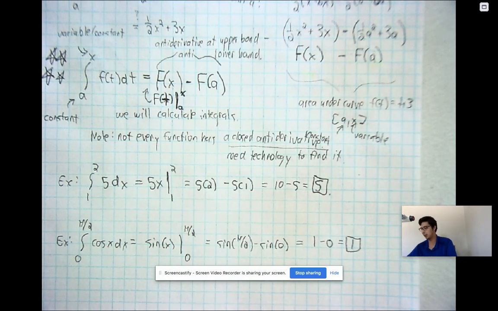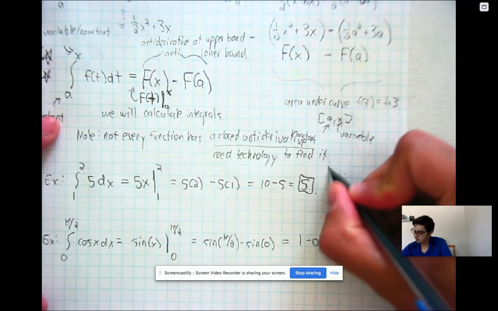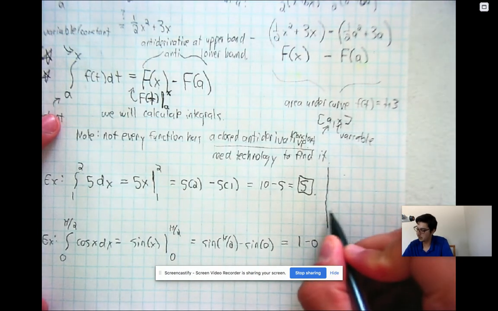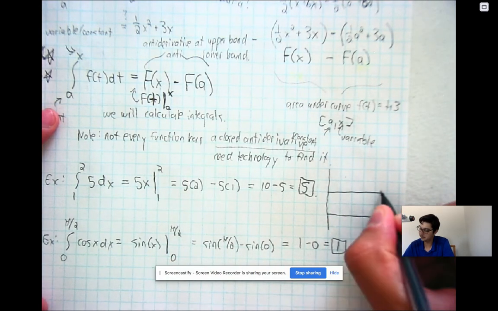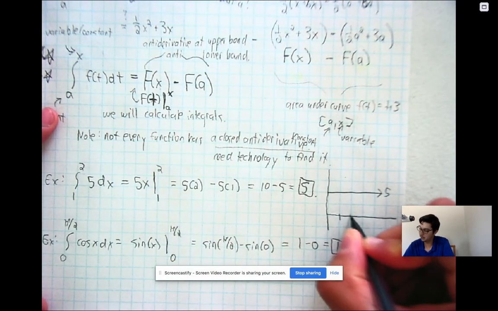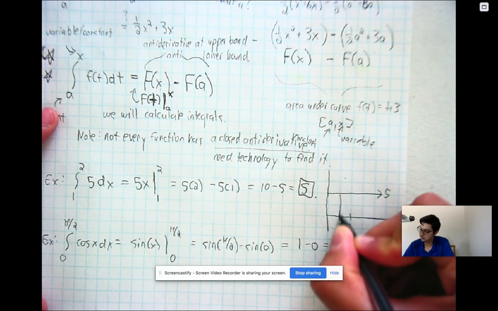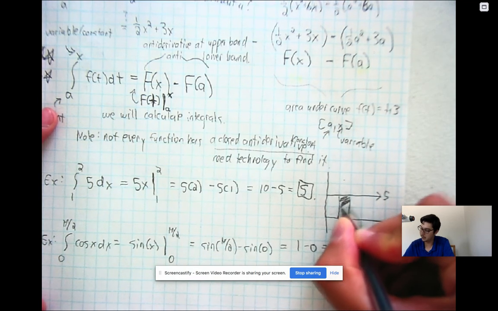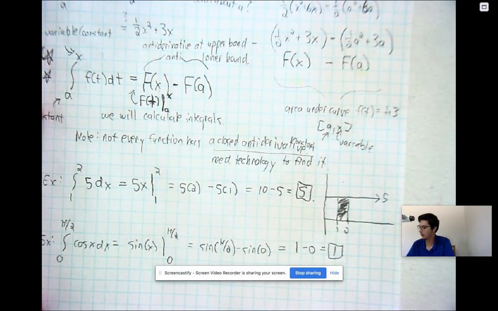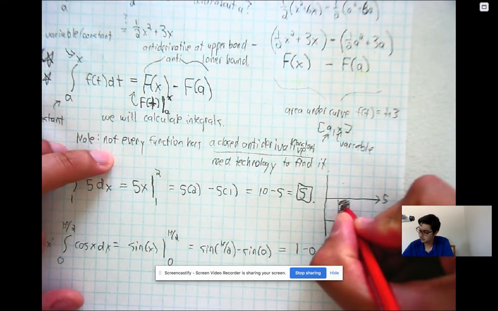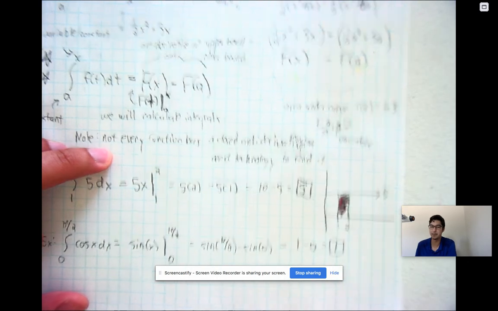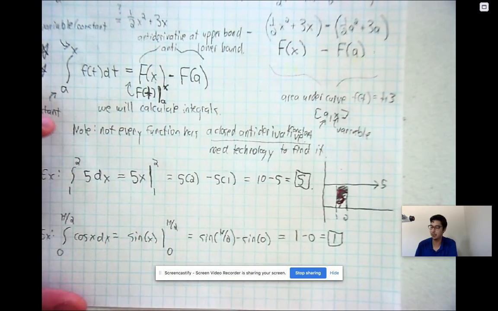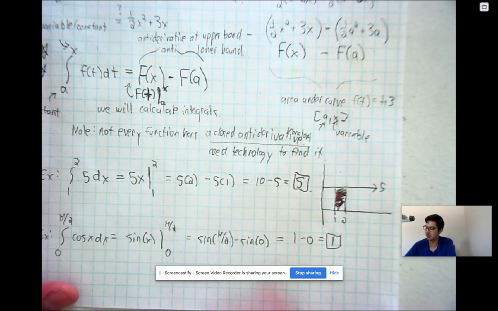Now, graphically, if I wrap this up to help you see all this, originally this problem was a curve 5, and you're evaluating from 1 to 2, in which we know that the area under that curve is 5. But what we discovered is that we can look at its antiderivative, which is 5x.